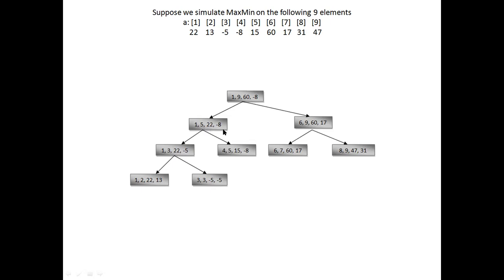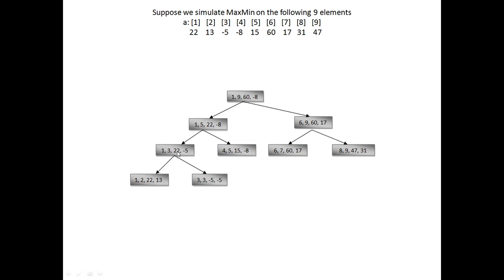Now, what is the second half? Index 4 and 5. There are only two values. -8 and 15. Which is the biggest? 15 is the biggest, -8 is the smallest. By comparison, I have found which is bigger and which is smaller.